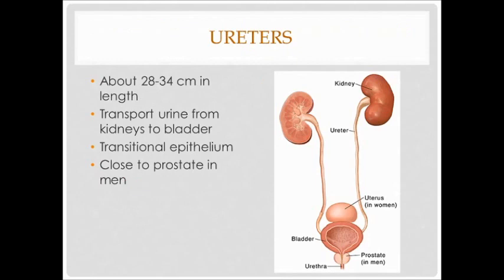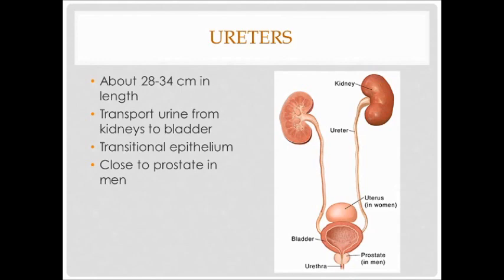Your ureters are going to be the next part of our urinary system. They're going to carry urine that has been concentrated and filtered by the kidneys and transport it to the bladder. So ureters are 28 to 34 centimeters in length. They're composed of transitional epithelium, which means that they can change shape depending on pressure.